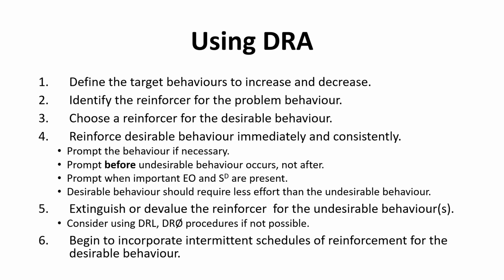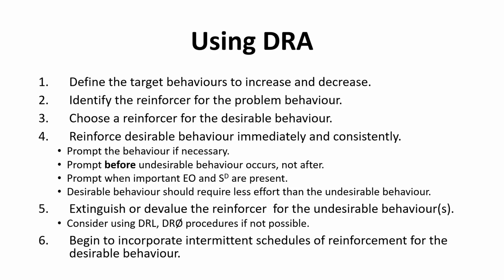The next thing that we want to be doing is actually extinguishing or devaluing the reinforcer for the undesirable behavior, or behaviors if you're targeting multiple. If it isn't possible to separate out the reinforcer for that undesirable behavior, or if for whatever reason it isn't possible to extinguish that reinforcer, then you might be better off using a DRL or a DRO.